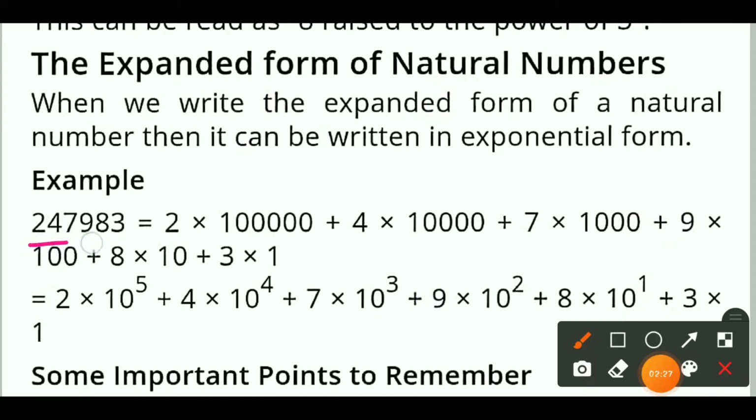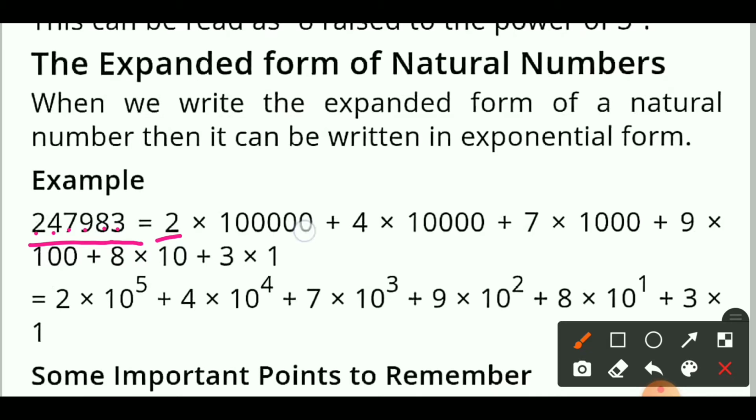Now the number is 247983. So in 247983, 2 is at the start. How many zeros will there be? 1, 2, 3, 4, 5. There are 5 digits after 2.